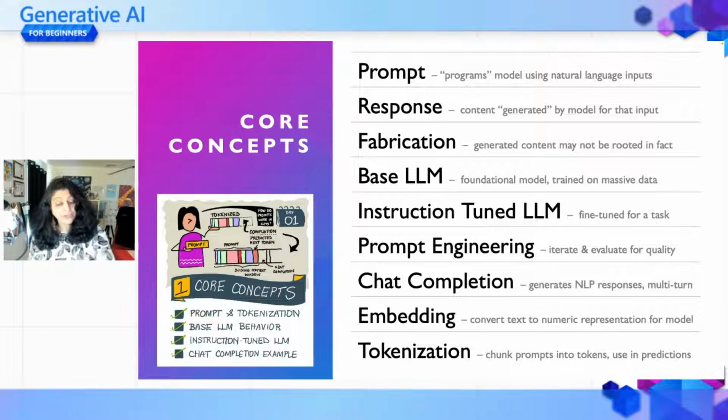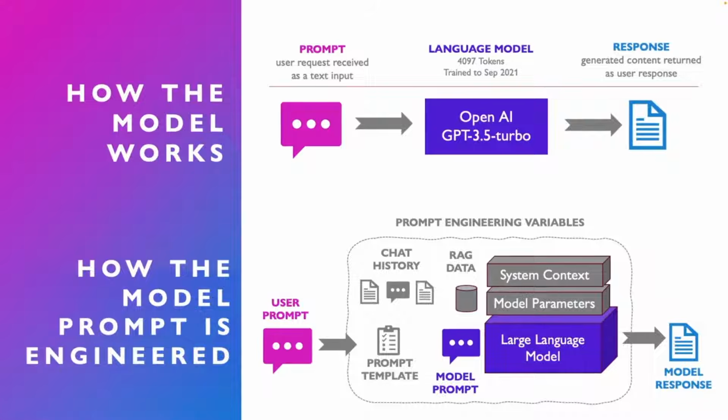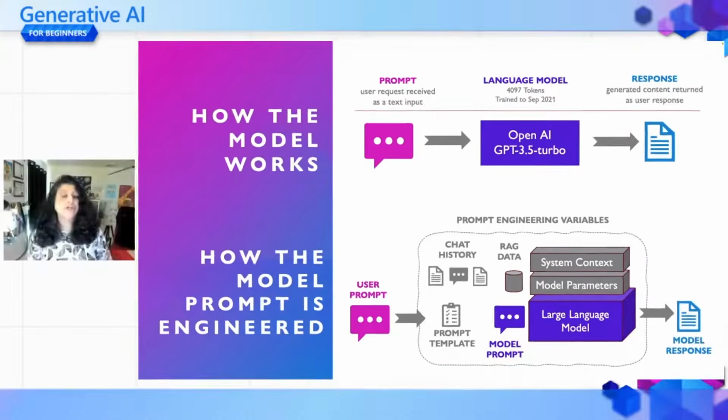To understand that, you need to understand how it works. So let's take a look at how the model works. Chat completion is this very basic thing where you go to the model, that's you in the pink prompt, you give it your text input, and it gives you content. Done, right? But wait, what's prompt engineering? It turns out that there are a lot of little things you can tweak that will help the model tune the response that it provides you.